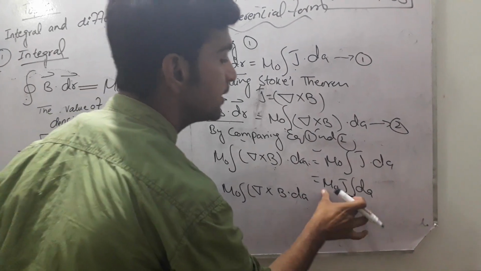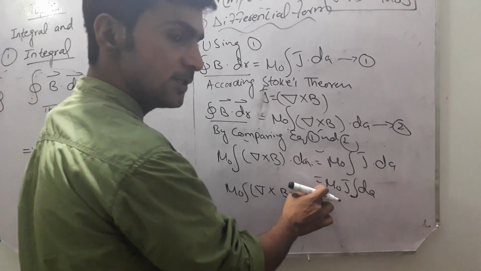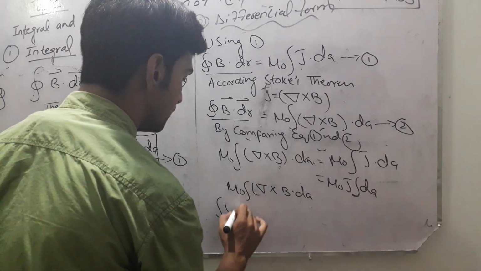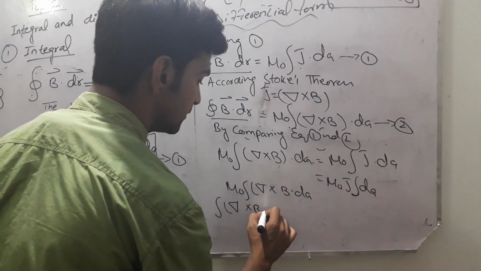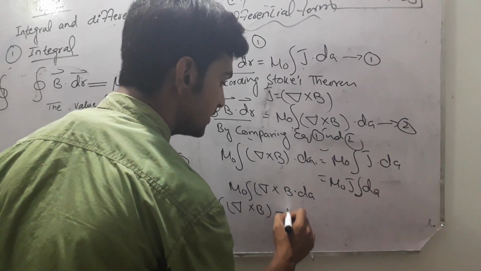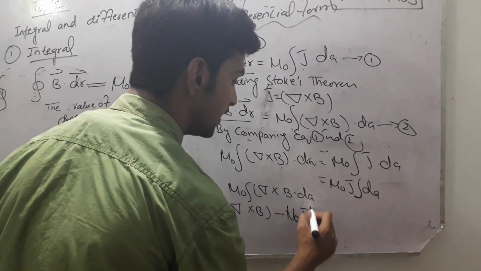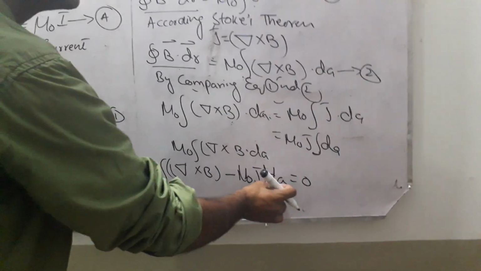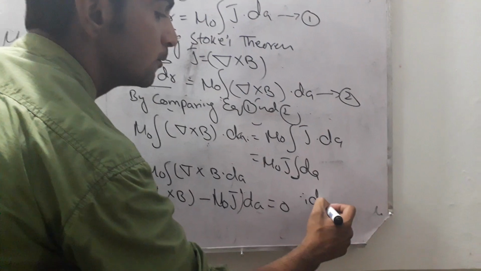So we are going to bring this value from this side. This is in positive form, so here it will change into negative. That is integral of del cross B minus mu naught j dA equals 0. So we know that this dA equals 1.